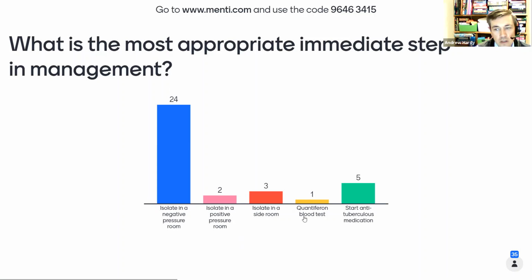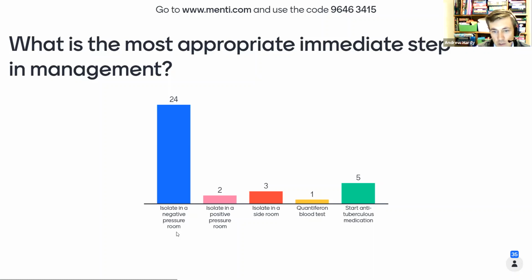It's usually not a good idea to start anti-TB treatment until you've got some cultures back, particularly if you're concerned about MDR TB. If you start treatment early, it might lead to further complications down the line due to the drug resistance and further partial treatment. So I generally wouldn't recommend that. It's better to get a diagnosis first if you can. Obviously, the initial step is to isolate the person to stop anybody else getting it.